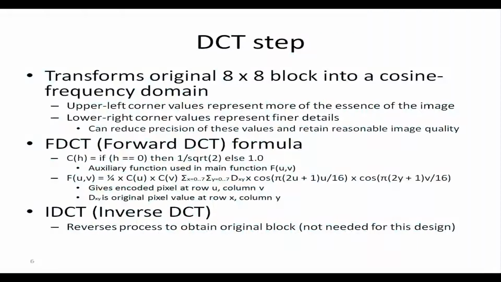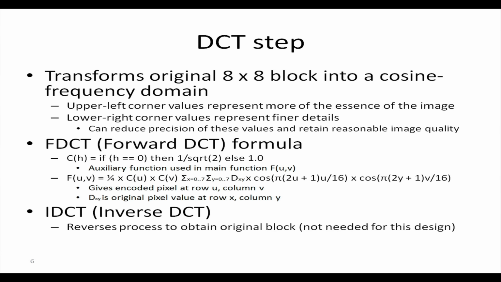So, let us start with the discrete cosine transform step. I am not going into the details of the discrete cosine transform, that you can get in any signal processing book, or the book of Fahid and Gevargis also explains that. I will just mention only the parts which are required for our design. We are transforming the original 8 by 8 block.